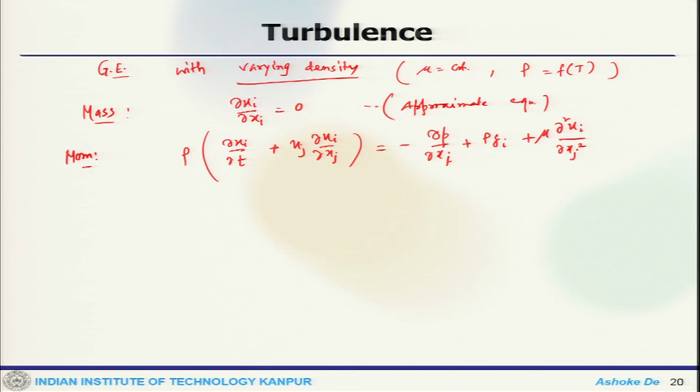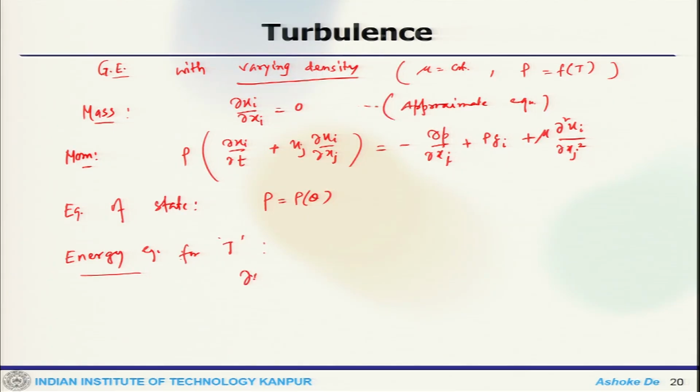Now, we use one more equation because density is a function of temperature. So, we will use the energy equation and the equation of state. The equation of state would give me rho as a function of theta, and the energy equation will give me the equation for temperature.